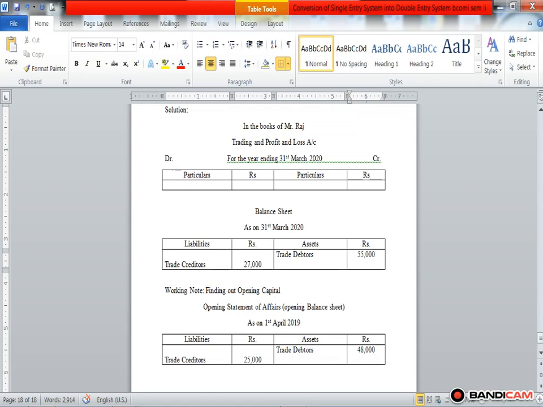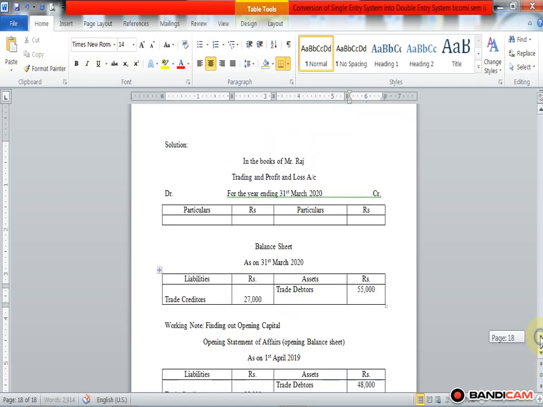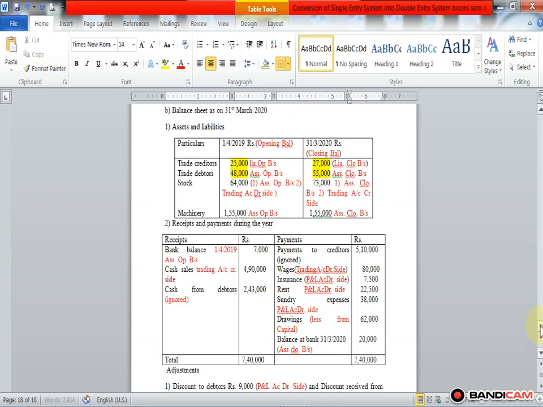Okay, then stock. While reading the problem, we can say that stock always has four effects. Opening stock: first effect on the asset side of the opening balance sheet, and second on the trading account debit side. Closing stock: first effect on the asset side of the closing balance sheet, and second on the trading account credit side.